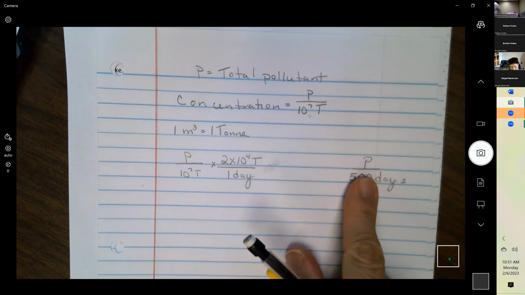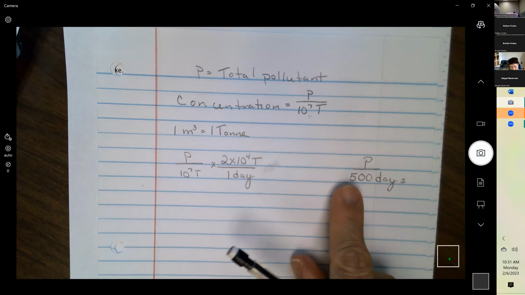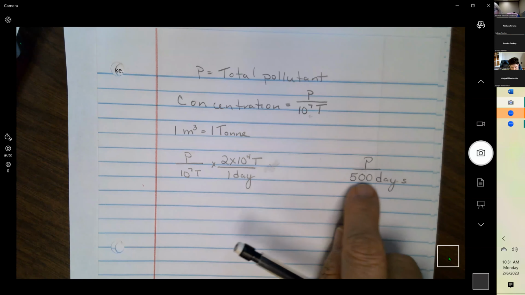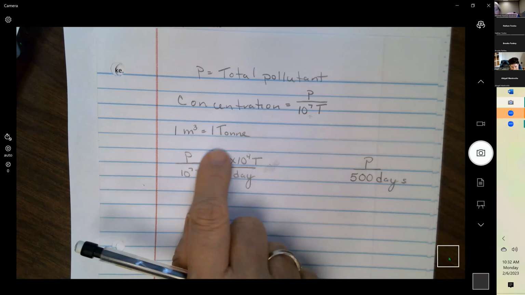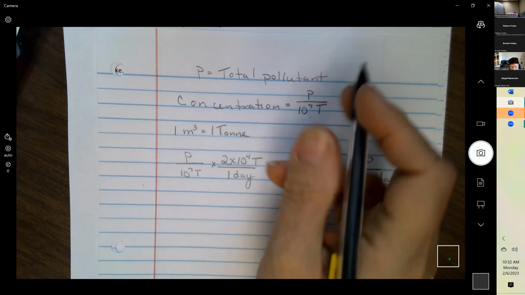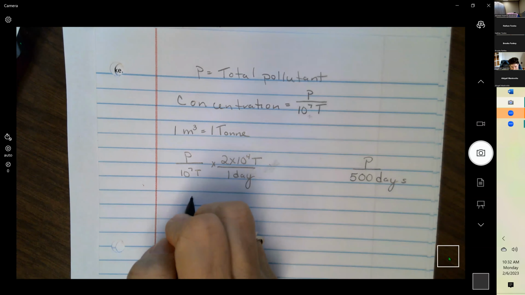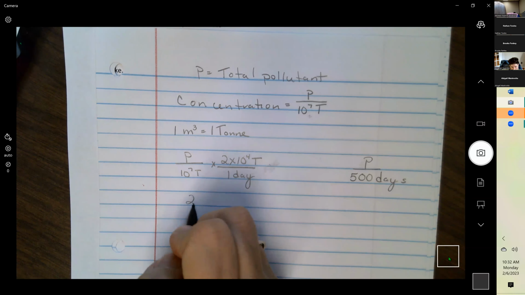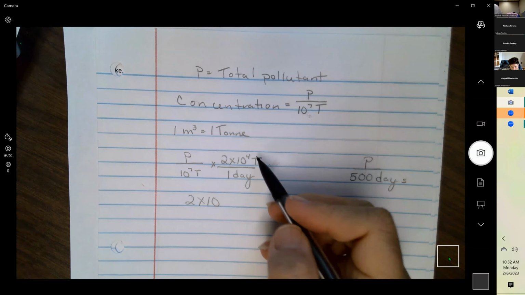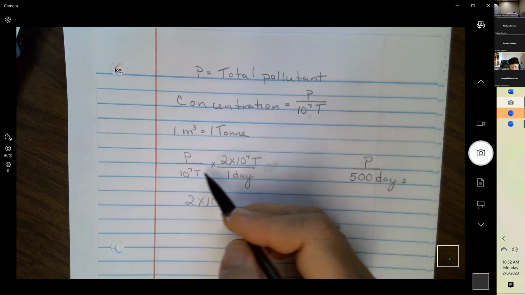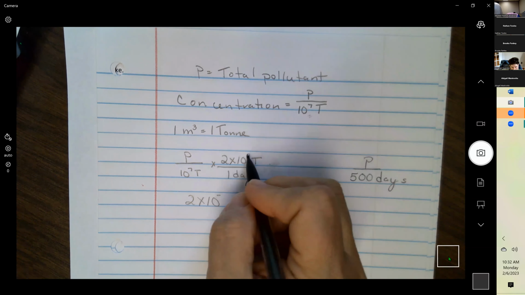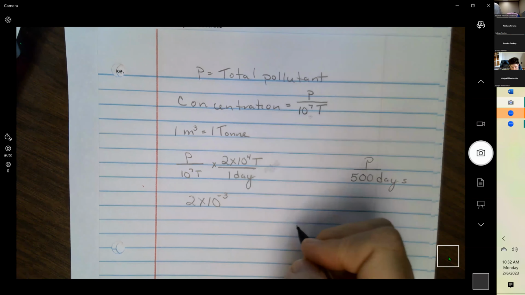The pollutant that's going in there takes 500 days to leave. Now, the reason they kept it this way: if we would divide these, when you're dividing, it's the top minus the bottom. So this would be 4 minus 7, which is negative 3.